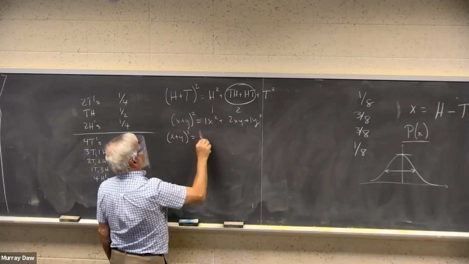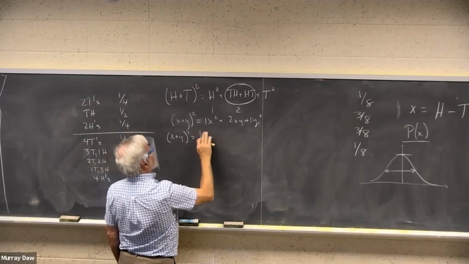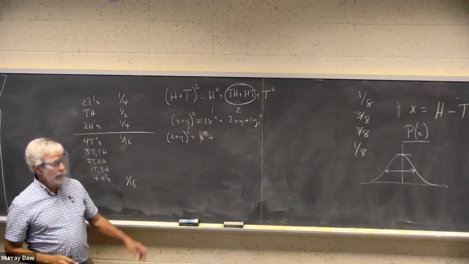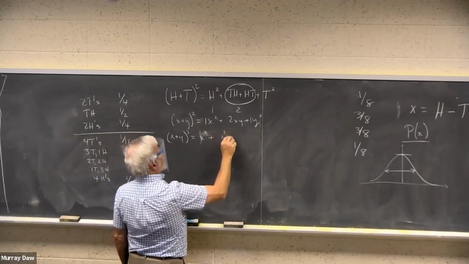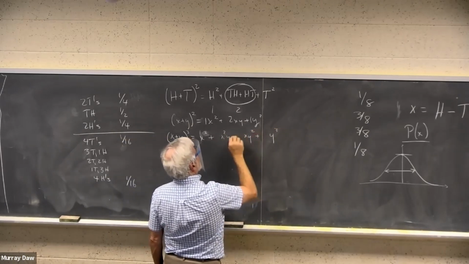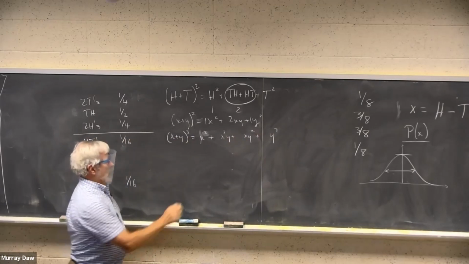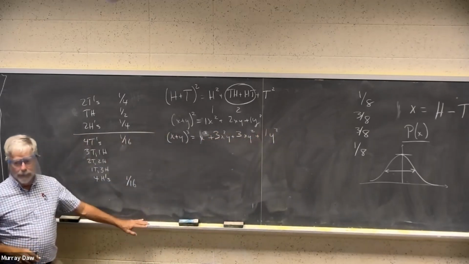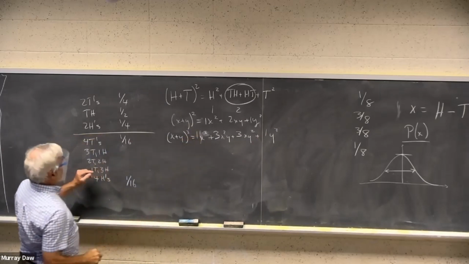How about cubed? X cubed. What's the next one? What's the coefficient of x squared y, x y squared, and y cubed? Each has a coefficient. 3, 3, 1. Okay.